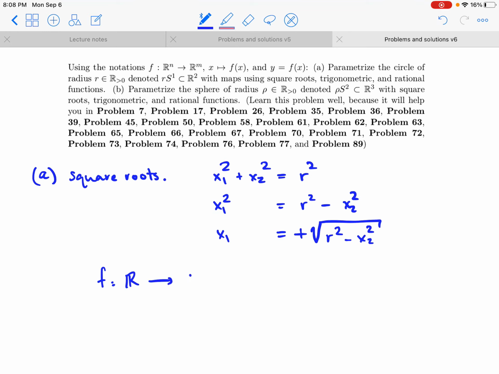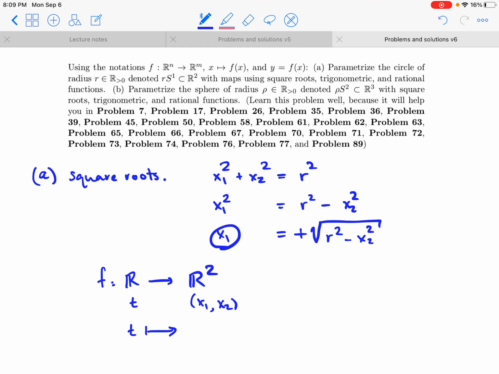It means I have to give a map that gives the circle, or at least part of the circle, as its image. If my coordinates on R2 are x1, x2, I could say my coordinate is t here, and then I want to produce a map. So I'm going to send t to the point.